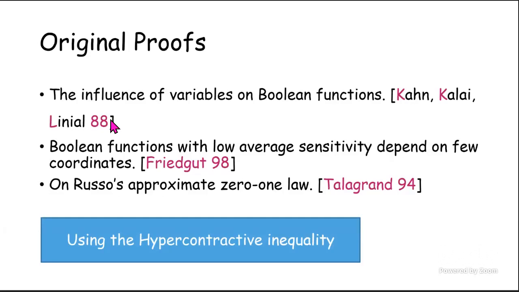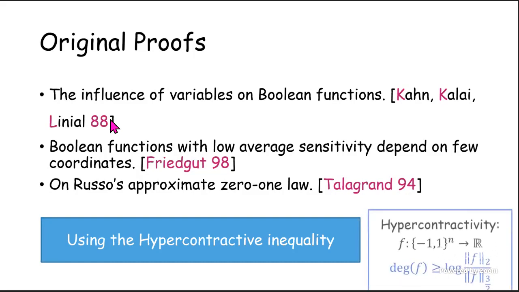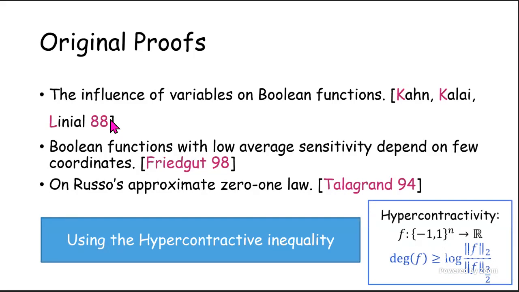So what's the idea of the hypercontractive inequality? The basis of this is the noise operator, which smooths the functions and somehow reduces norms. In the proofs of those theorems and a lot of other proofs in analysis of Boolean functions, we use a corollary of the hypercontractive inequality, which involves the maximal degree of the function.